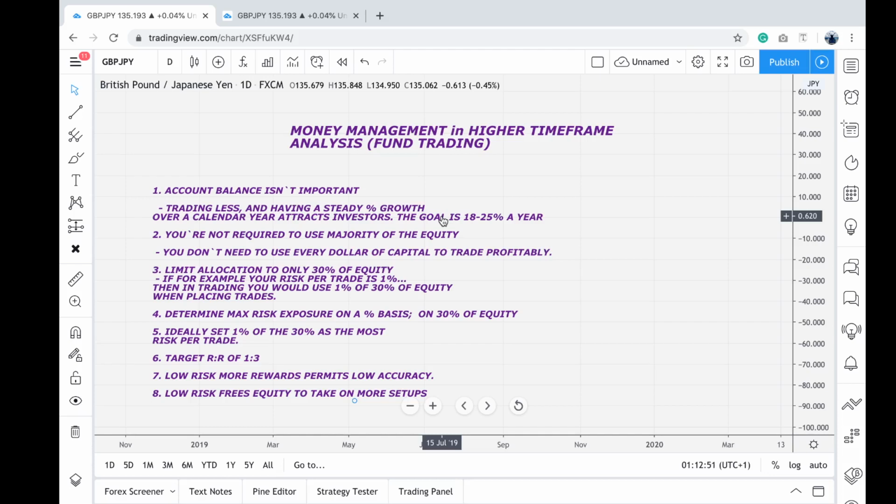So now let's say, for example, you get funded with a $100,000 account. By the time you're taking 1 to 2 trades every single month, risking only 1% on those trades, at the end of each month you're getting 6%. At the end of the 10 months, you're getting 60%.